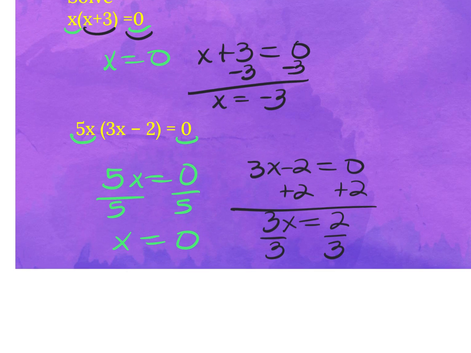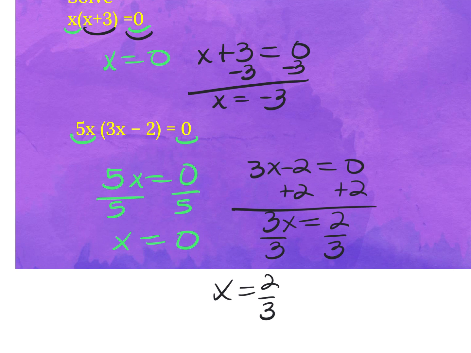And the other answer is x equals 2/3. So you can get 0 as an answer, and you can get fractions as an answer. Now, if you notice, whenever we start factoring these, you're going to end up getting either one answer, two answers, or no answer. Now, these all had 2.